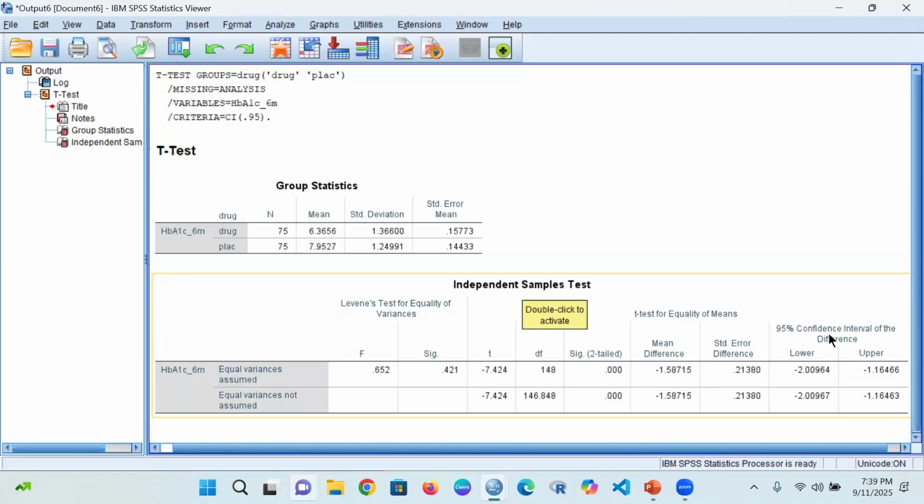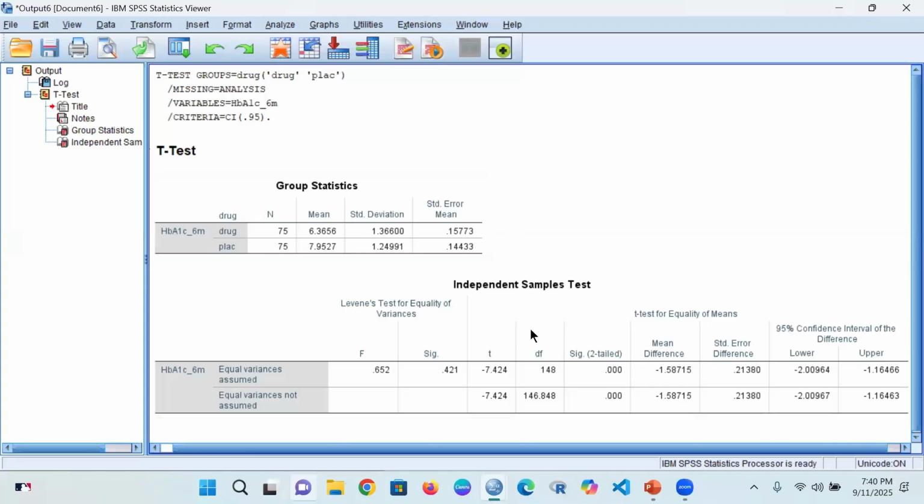In other words, we can say that at 6 months, the patients who received the drug had significantly lower HbA1c compared to those on placebo, that is 6.37% versus 7.95%. So this suggests that the drug is effective in reducing HbA1c compared to placebo.